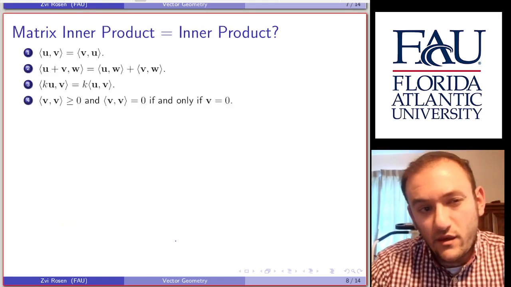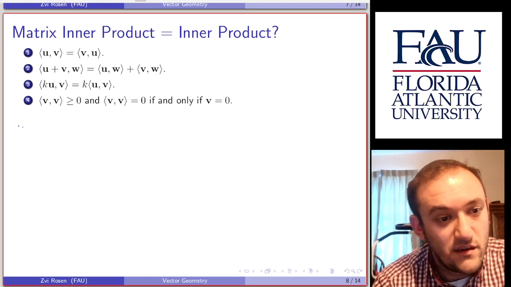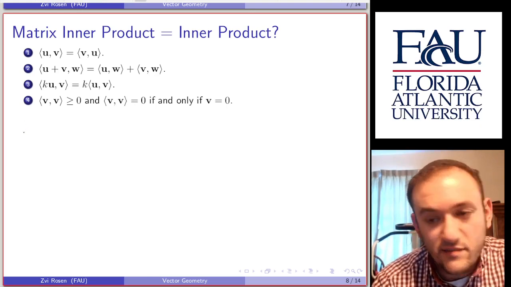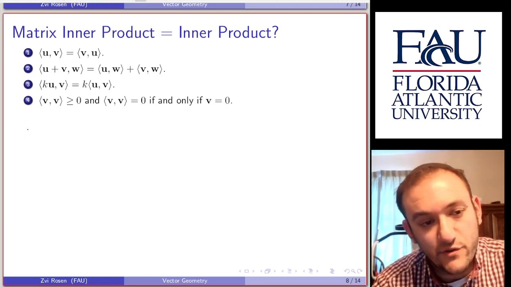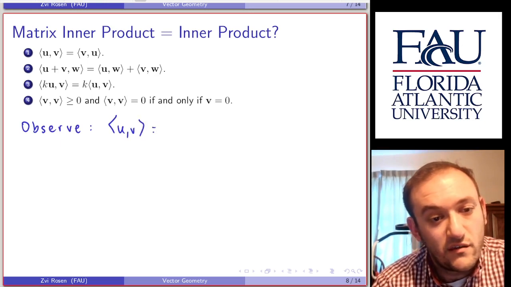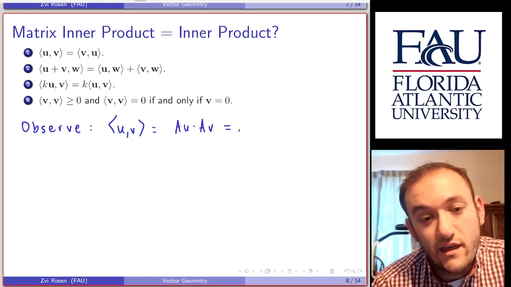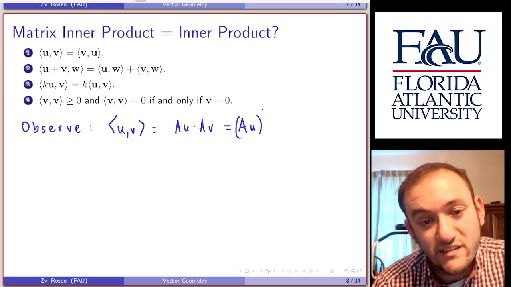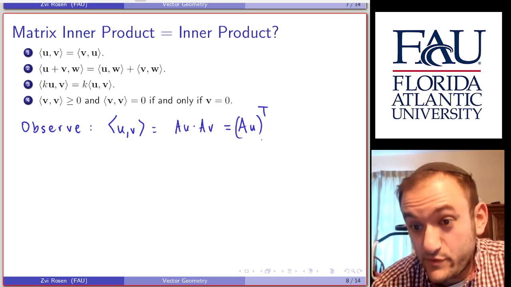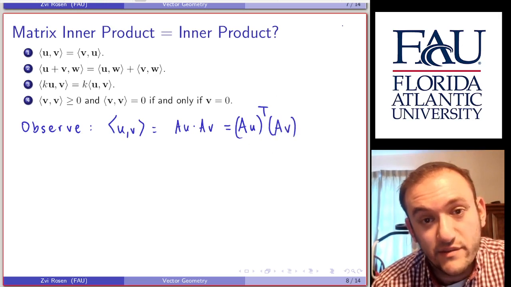Okay, well, does this satisfy the axioms of inner products? Well, this can be a little tricky. So the way we're going to do it is first to observe that the inner product of uv, defined as Au dot product Av, could also be written as (Au) transpose, and then using matrix multiplication, Av.